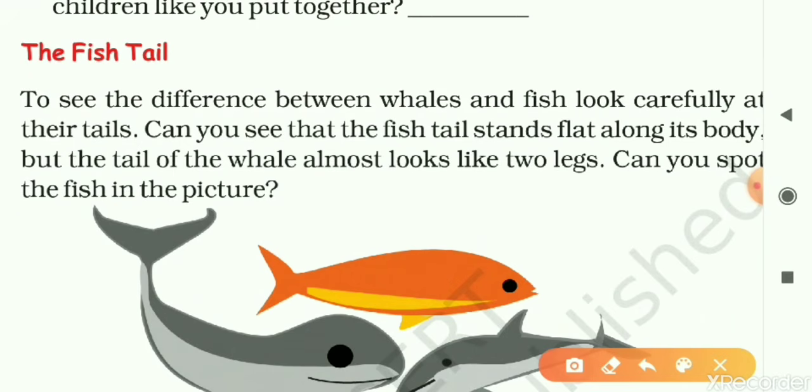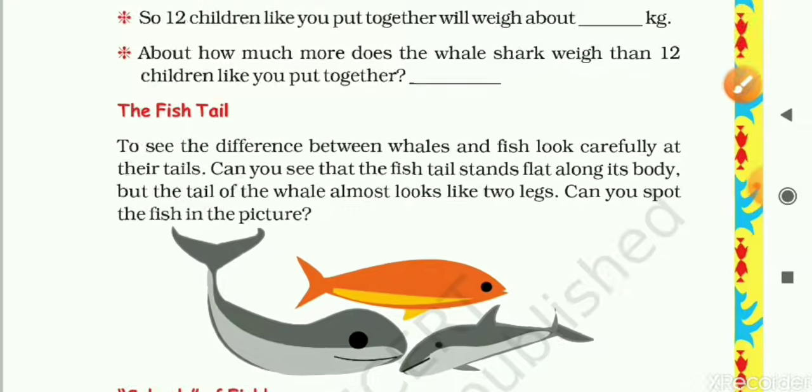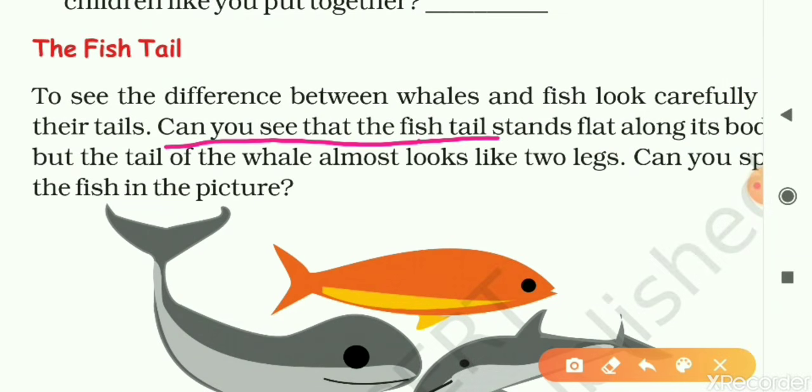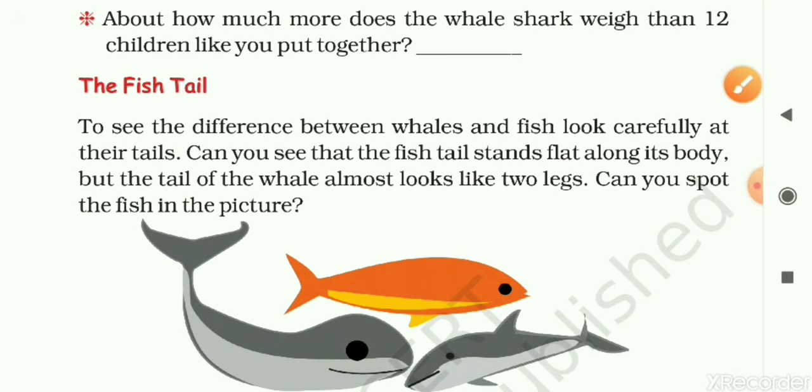So let's read it. To see the difference between whales and fish, look carefully at their tails. Can you see that the fish tails stand flat along its body? But the tail of the whale almost look like two legs.